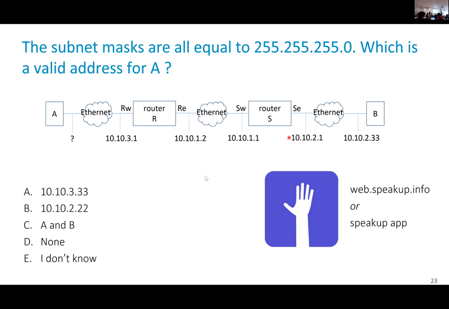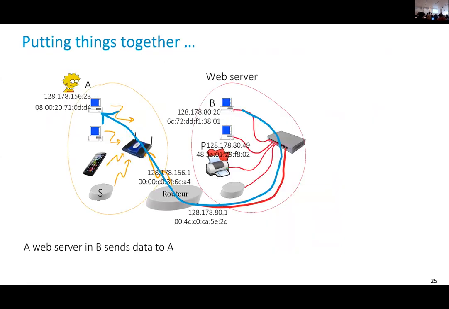Nobody will reply because nobody has this address if you give it here. So B will fail. It will not be able to send to A. This is how IP works. As you can see, configuration, numbering plan is important. If your numbering plan is wrong, if you give this address to that machine, it doesn't work. Communication is broken.